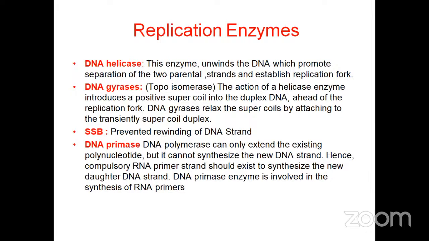The first enzyme is DNA helicase, then DNA gyrase. Are you able to see this enzyme slide? Yes, sir. Note down all these enzymes. First of all, note down the definition. DNA replication definition: one DNA strand makes another DNA. This process is called DNA replication.